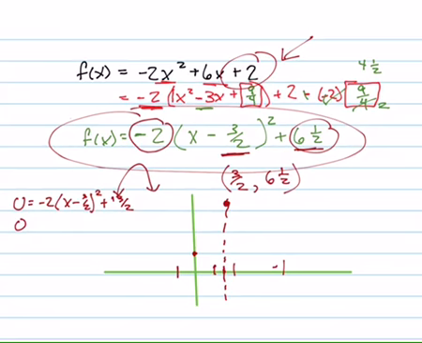So multiplying by 2, I still have 0. Now I have -4 times x minus 3/2 squared plus 13, just easier to deal with now. Subtract 13 from both sides, divide by -4, so those become positive. Take the square root of that, plus or minus the square root of that, and then add 3/2.